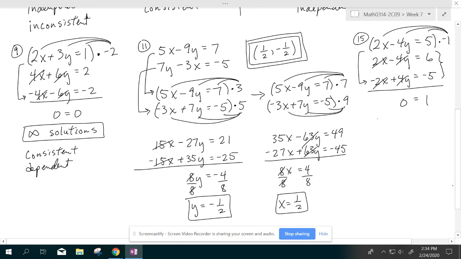What is it? So if I graph those two equations, they're going to be parallel. Unless I made a mistake, right? No solution. They have no point of intersection.